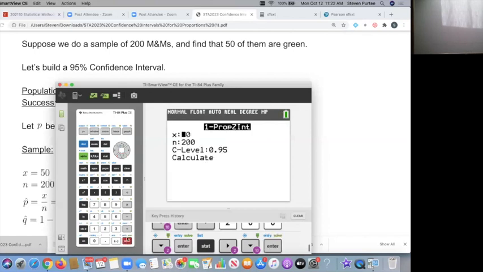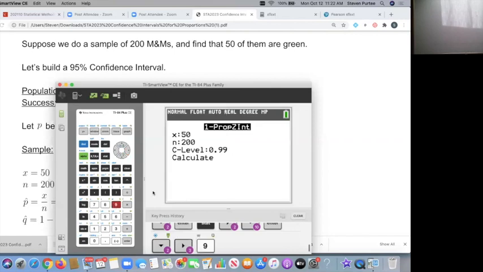So the only thing I have to change here is make this confidence level 99%. And look what happened. Now we're at 17 to 33% almost. So before I was at 19 and 31, now I'm at 17 to 32.